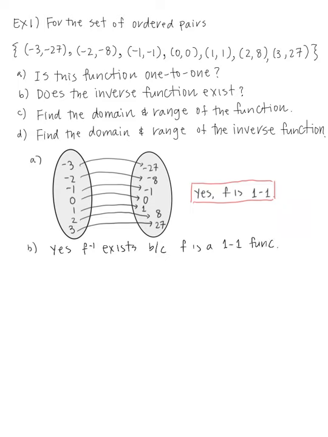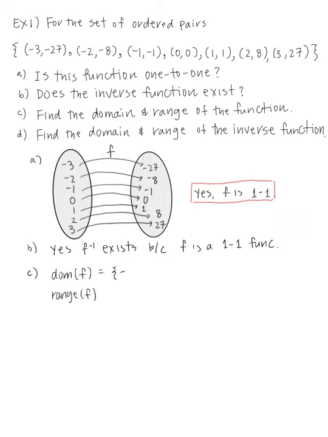All right, so now let's go with part C. Find the domain and range of the function. So we're talking about the function f here. All right, so let's first go with the domain of f and the range of f. Now, domain of f is the set of all x values.